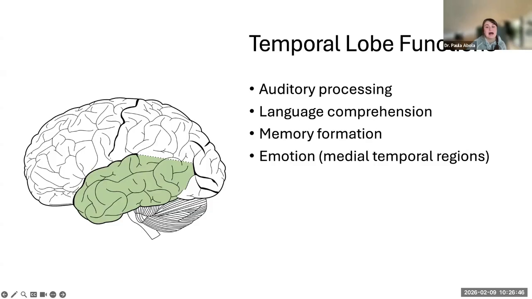So these structures are essential for formation of new declarative memories, meaning memories for facts and events. So damage to the hippocampus does not typically erase old memories, but it severely impairs the ability to form new memories, leading to a condition known as anterograde amnesia.